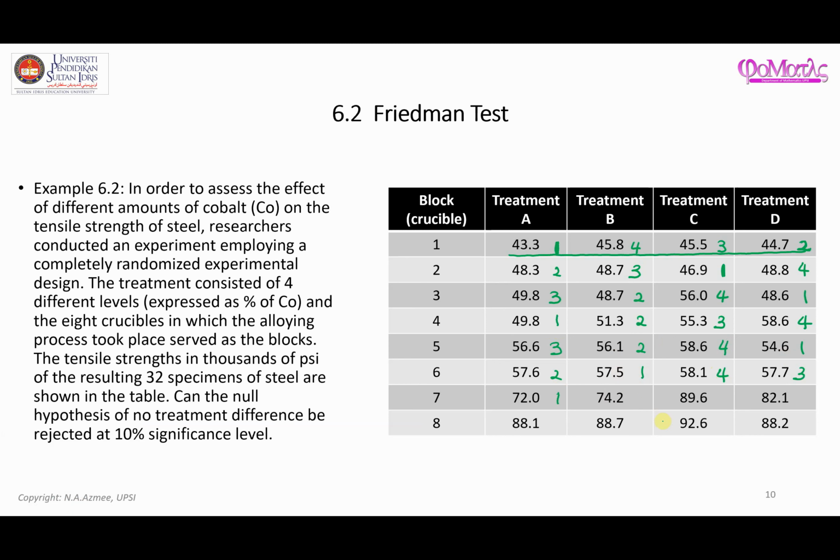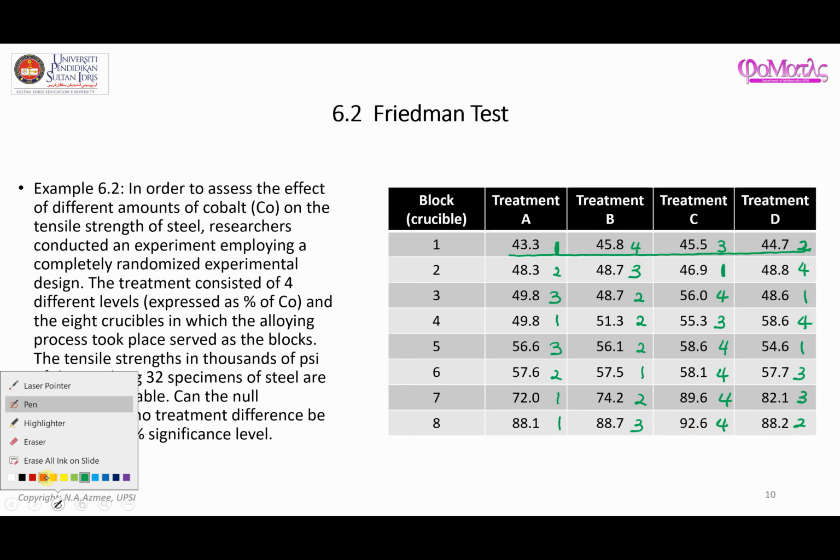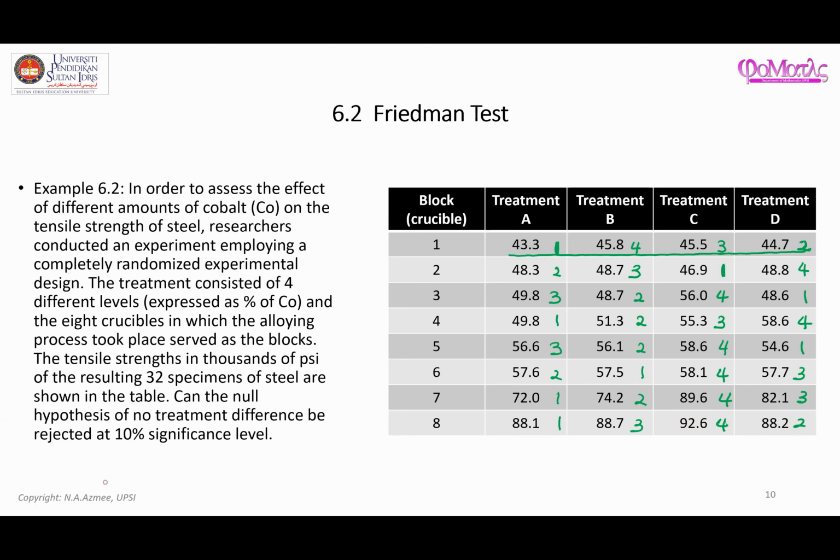Next is 1, 2, 3, 4. And then we will have 1, 2, 3, 4. So that is the ranking process. You do it according to blocks. Next is to find the sum of ranks for each group.